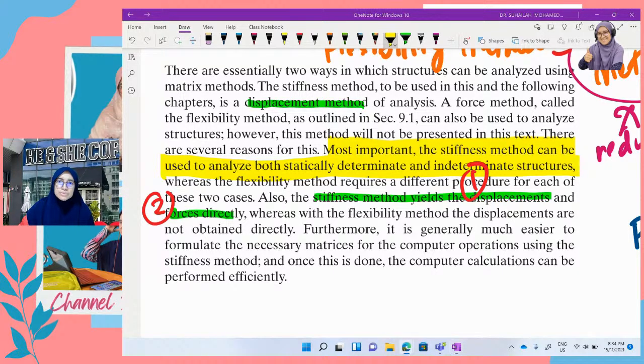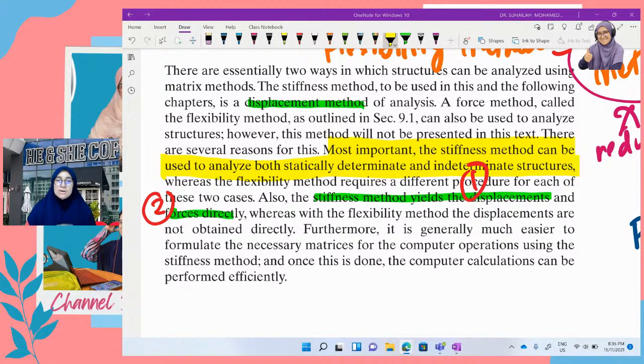The theory behind all structural engineering software actually comes from the stiffness method.